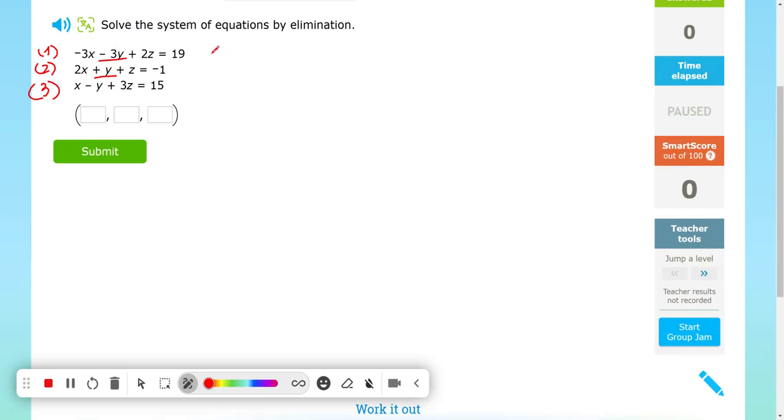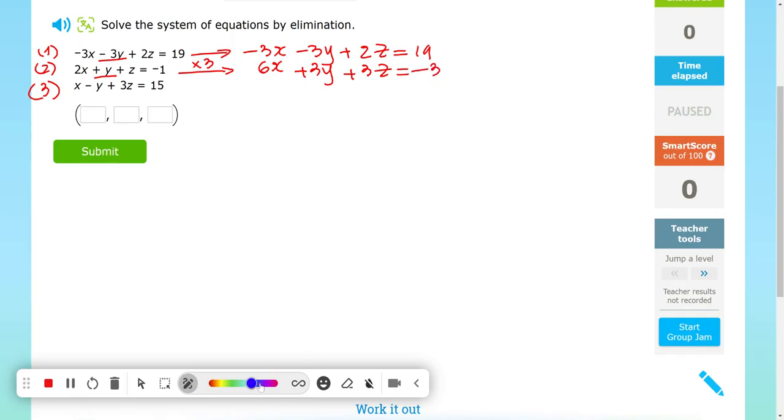So now I just rewrite equation number 1: negative 3x subtract 3y plus 2z equals 19. Equation number 2, I multiply by 3. So I come out with 6x plus 3y plus 3z equals negative 3.